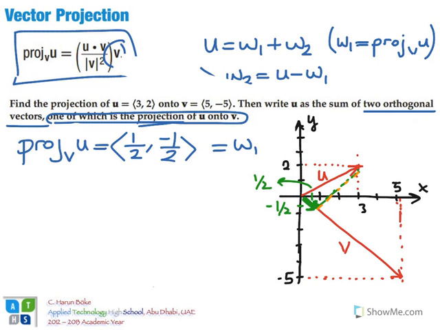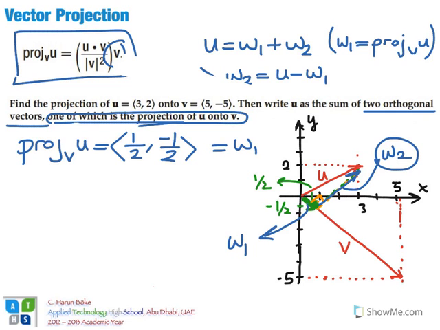The dotted line with the projection vector has a perpendicular 90-degree angle. Now I can say that this projection vector can be named w1, and this vector can be named w2. So this will be the vector we will try to find, so that w1 and w2 will be orthogonal vectors, which sum up to the vector u.